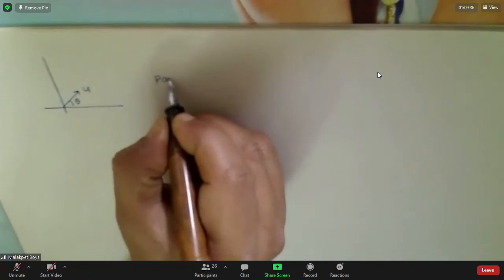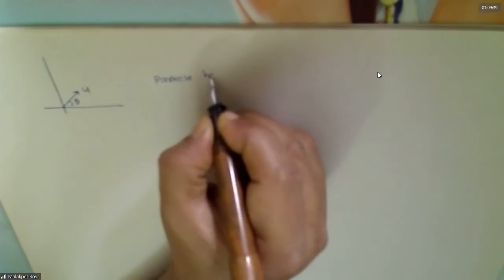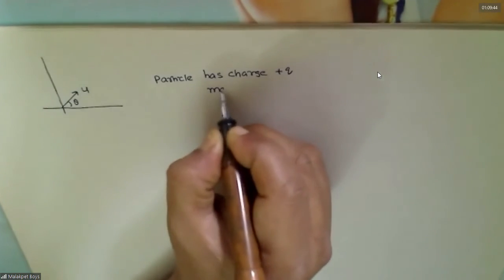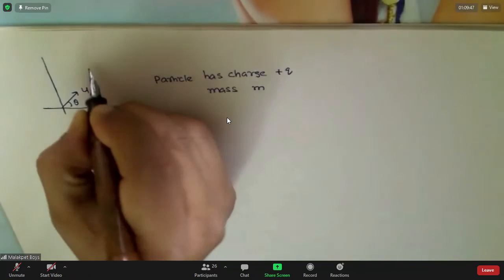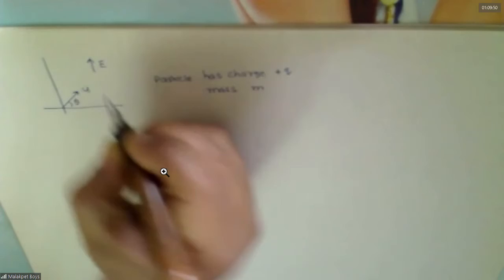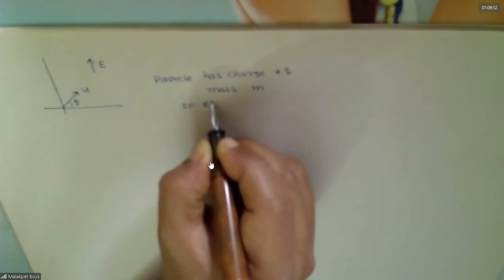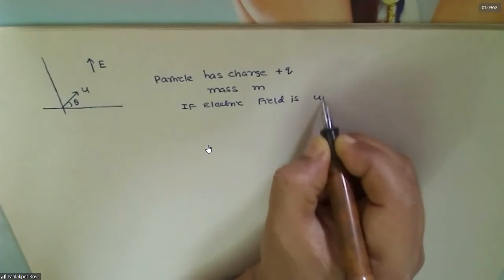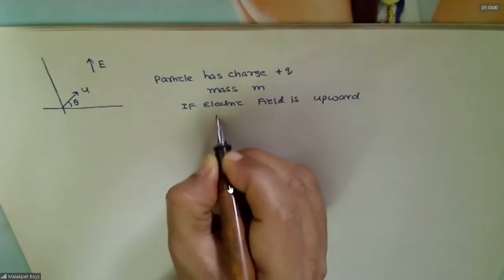See, we'll be saying that suppose a particle is projected like this, in this direction at an angle of theta. So suppose the electric field is upward. What is the net force on the particle?